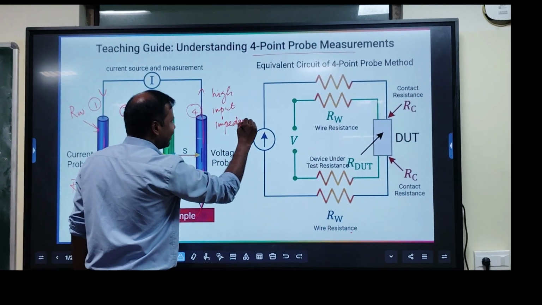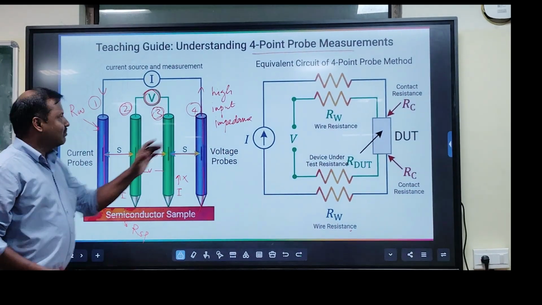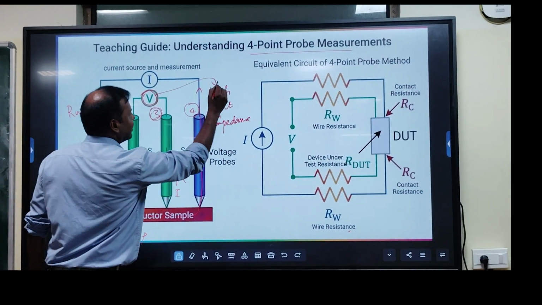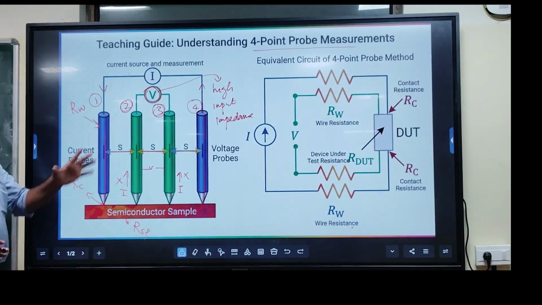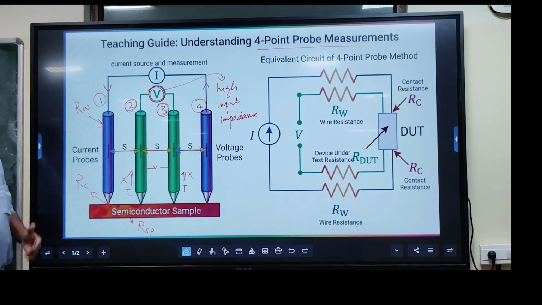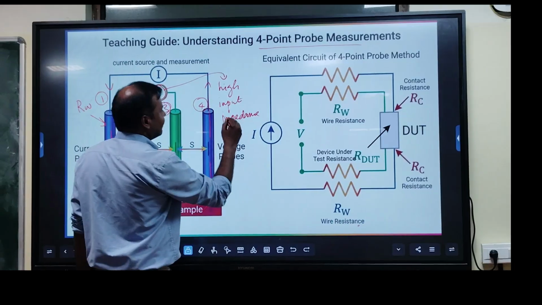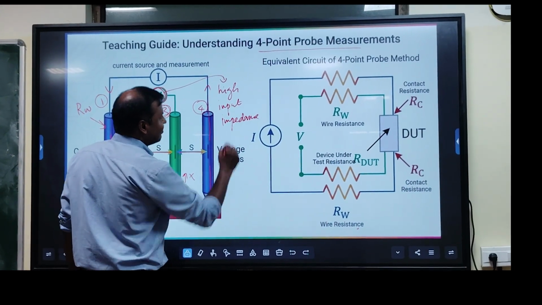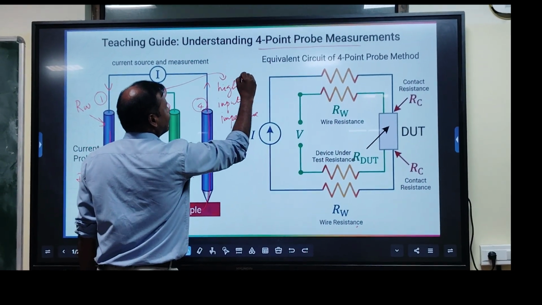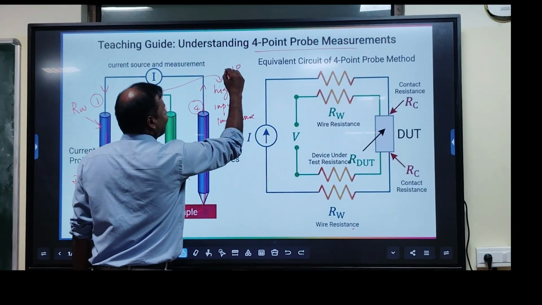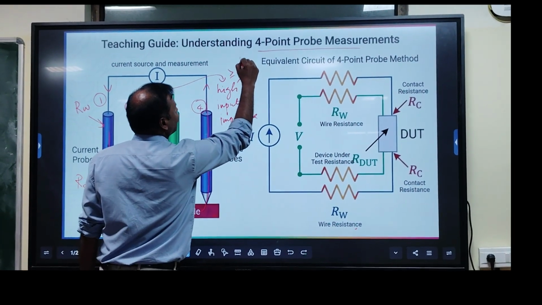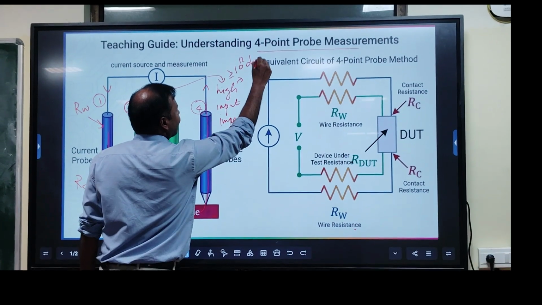This voltmeter will show high input impedance. So what is that impedance value? Typically, this input impedance value will be greater than or equal to 10^12 ohms.